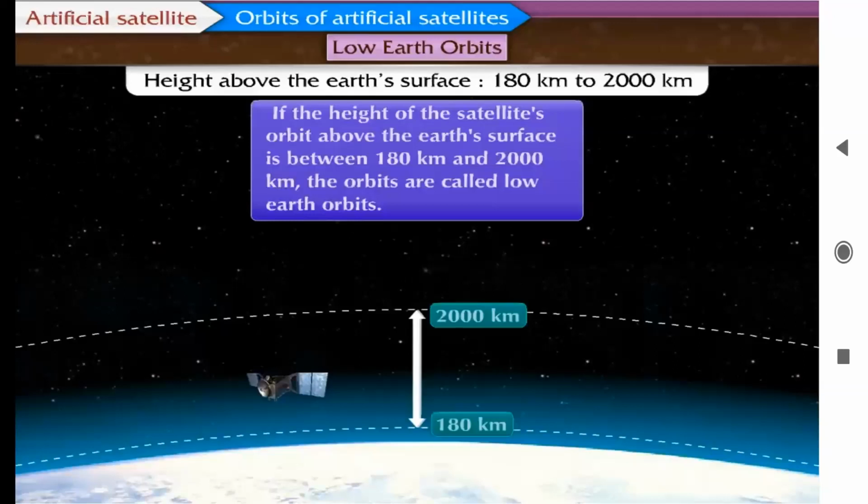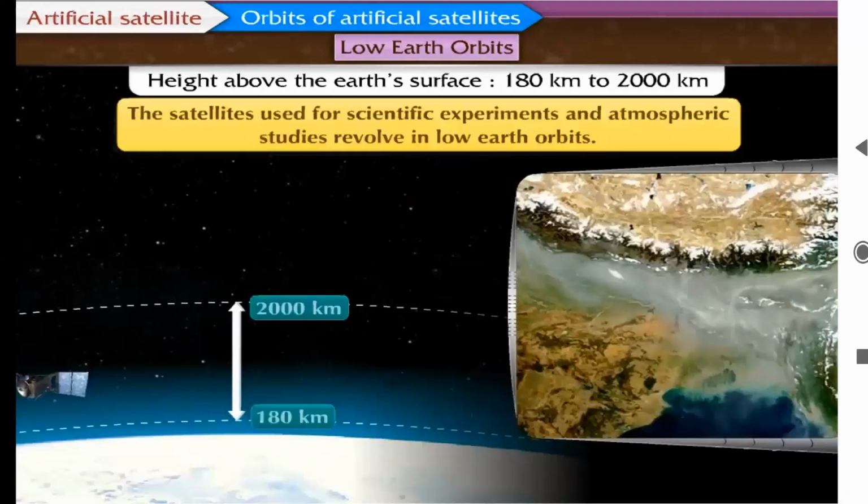That orbit is known as low Earth orbit. Now see students, the satellites used for scientific experiments and atmospheric study revolve in low Earth orbit. They are used for which purpose, students? They are used for scientific experiments and for atmospheric studies.